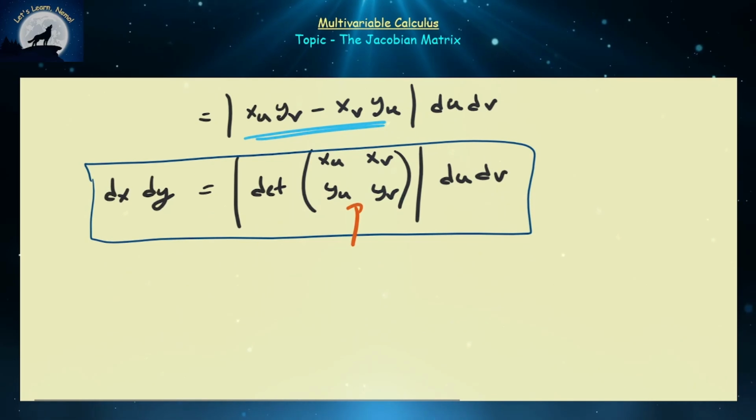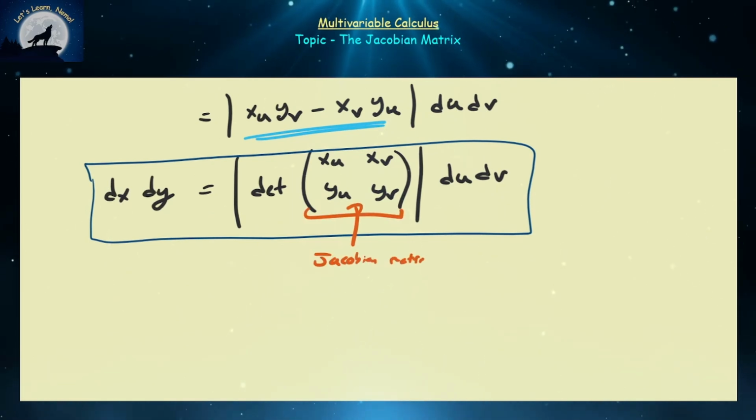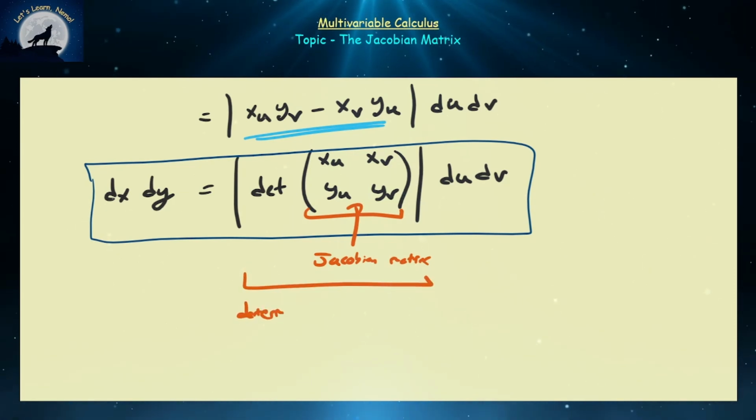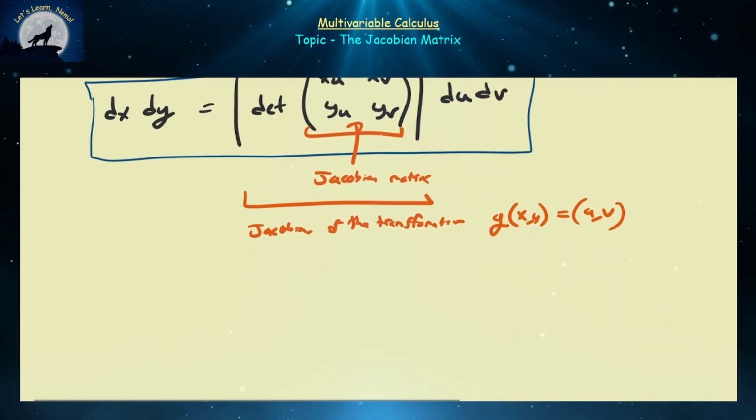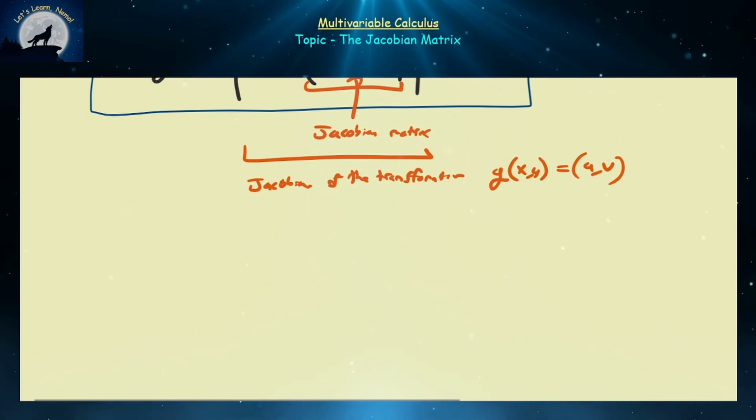So what is so special about this particular matrix? This matrix here is known as the Jacobian matrix, and this right here is what we refer to as the determinant, or the Jacobian, of the transformation g, where g sends xy to uv. So we can write this in more theoretical form.